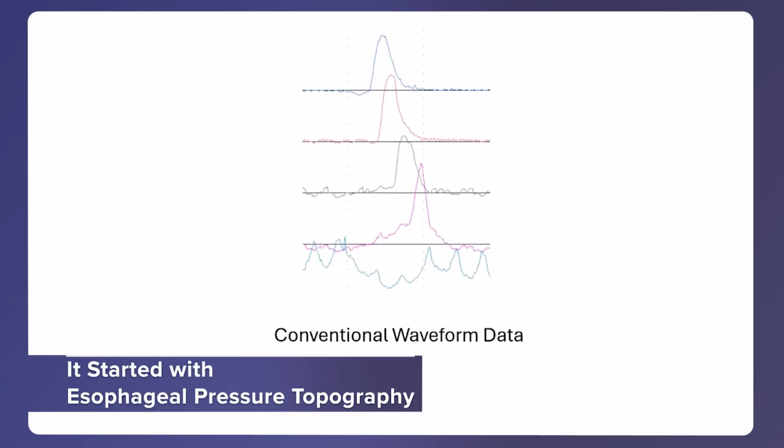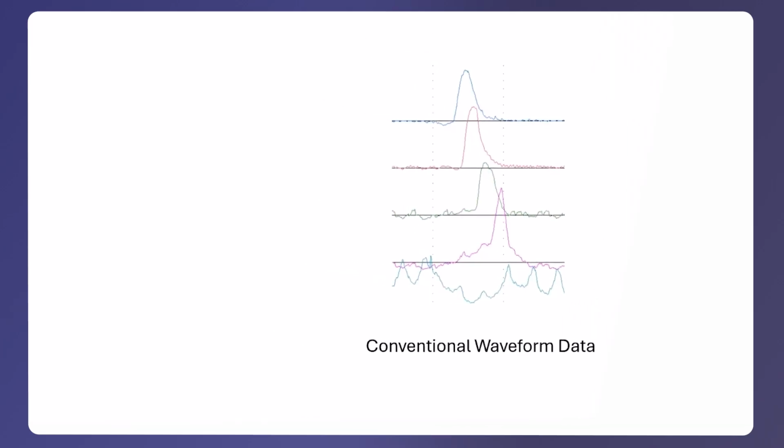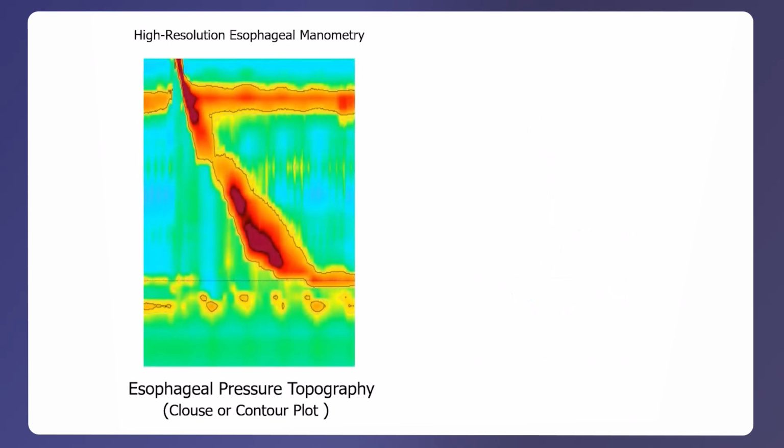In the 1990s, Dr. Ray Klaus addressed the need to display high-resolution esophageal manometry data differently than simple conventional data. He developed the pressure topography plots we use today. The conventional analysis algorithms fell short in describing the data in these interpolated topography plots.